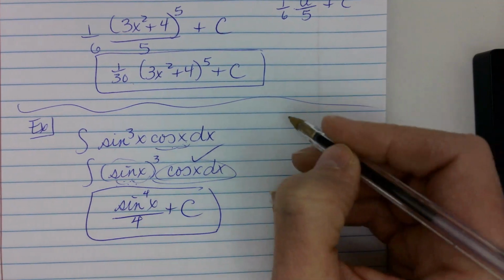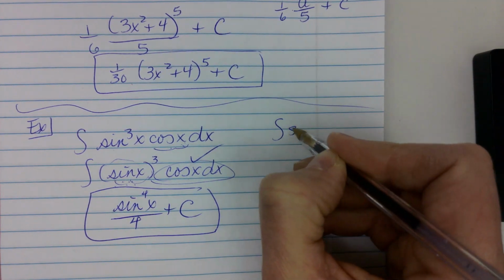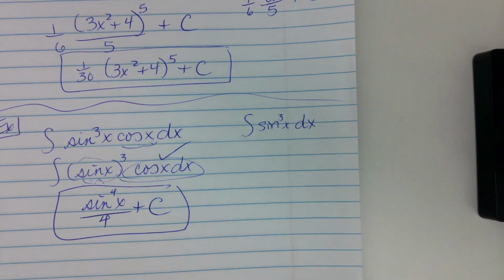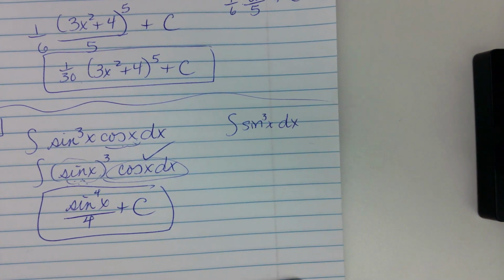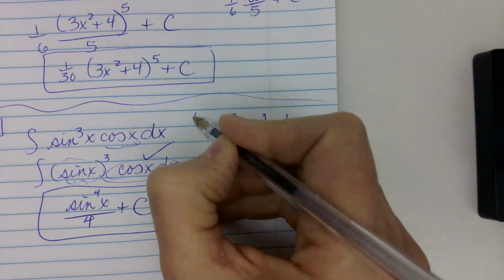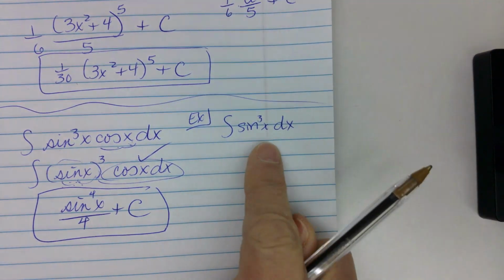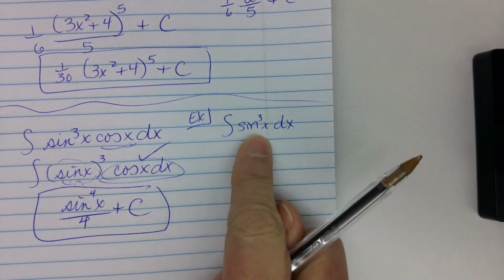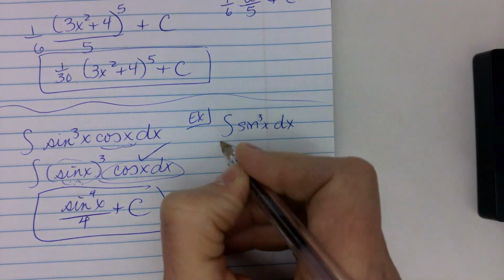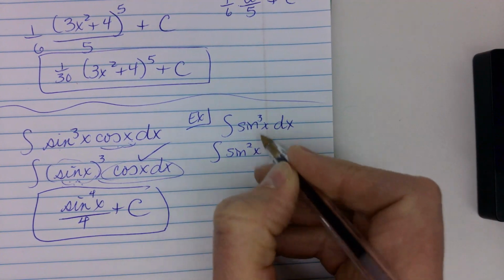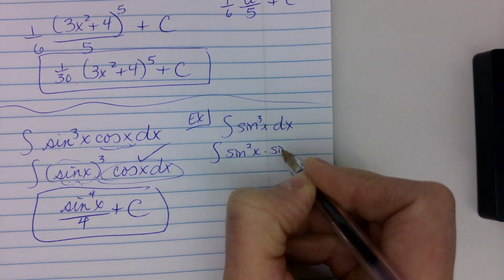Like, if I had plain sine cubed x, I would have an issue. I actually would not have a terrible issue with this one. And I will probably never ask you one that's difficult. Could you make it sine x times cosine? I can make it sine squared x times sine of x.